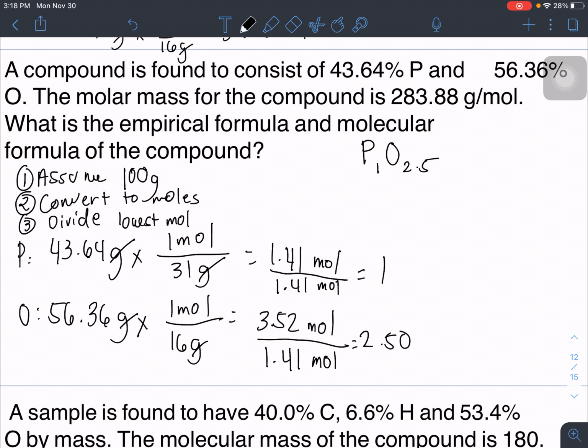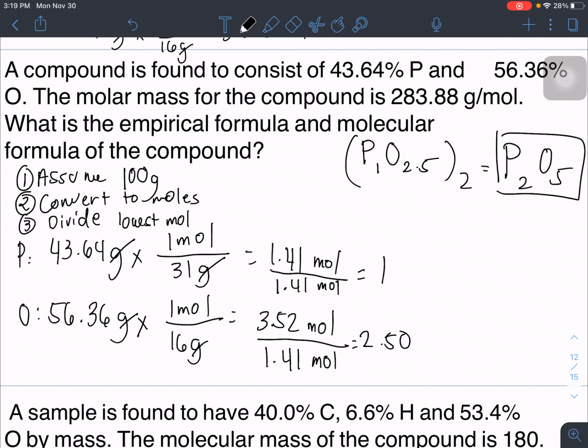So the smallest number that I am thinking to convert both of them to whole numbers will be 2. Hence our empirical formula will be P2O5. Okay, so this is our empirical formula. For every 2 phosphorus, there are 5 oxygen atoms present in this compound.